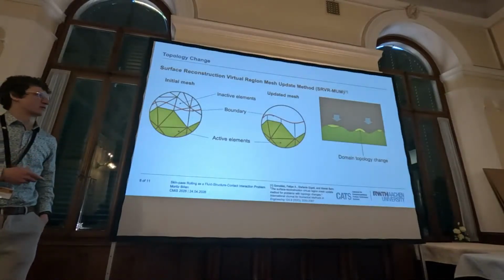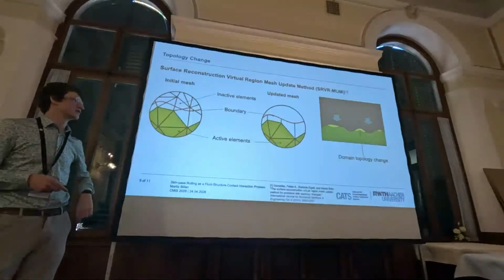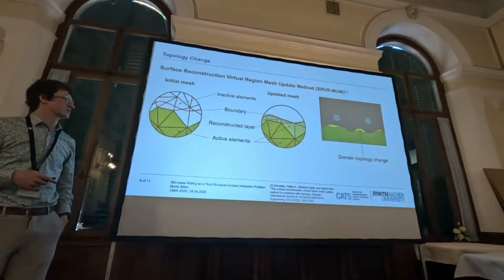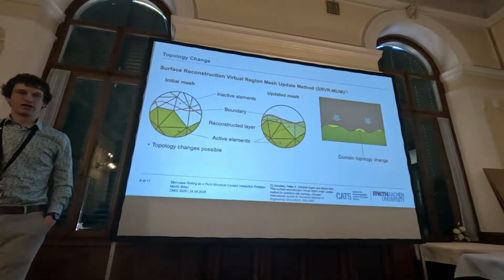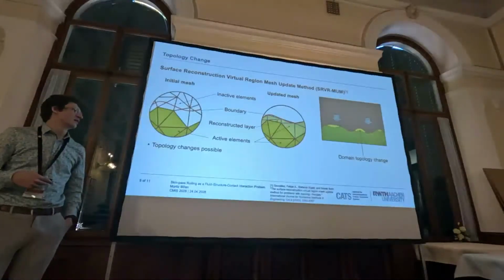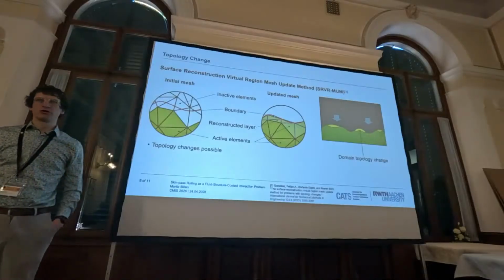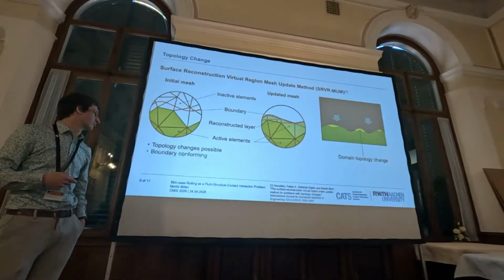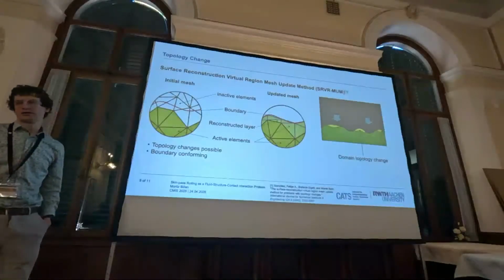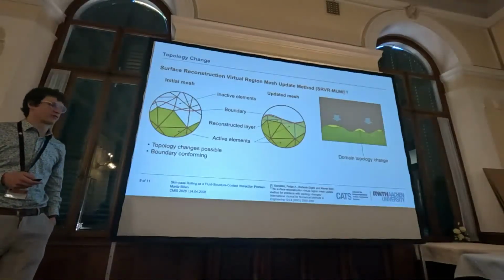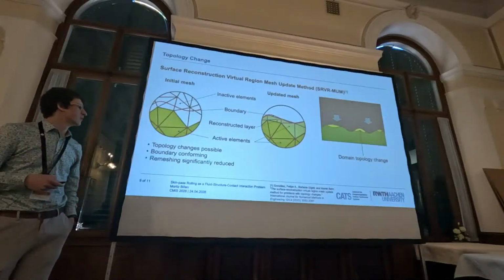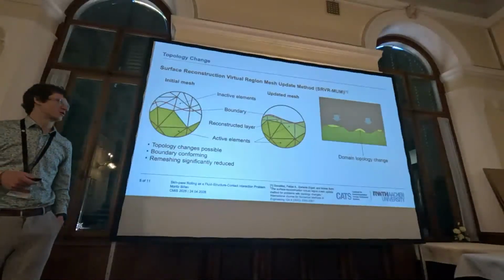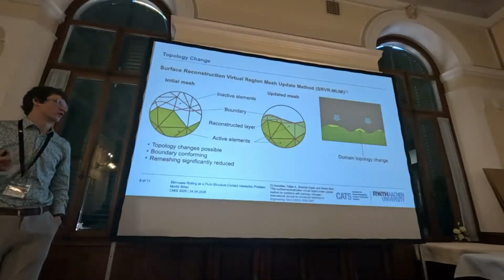And then we can just remesh this little sliver by projecting the topmost nodes and remeshing this. This enables us topology changes, and this method was developed for large mesh deformations in fluid problems. Yeah, and this also yields us the boundary conforming property that we desire. And the remeshing effort is significantly reduced compared to fully remeshing.